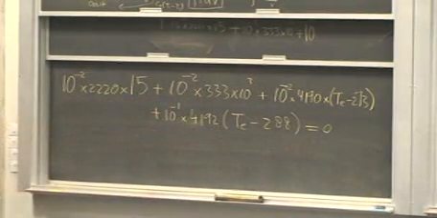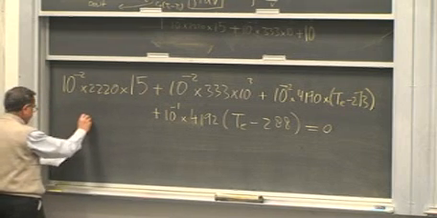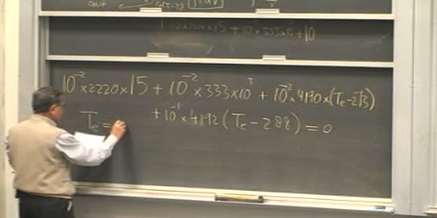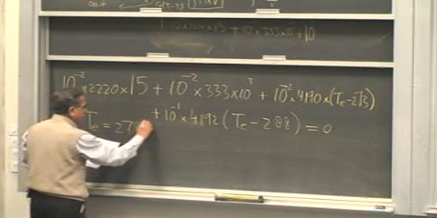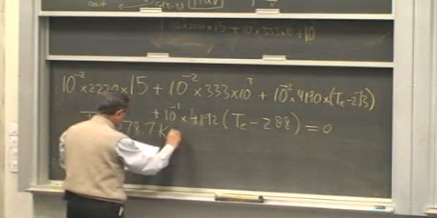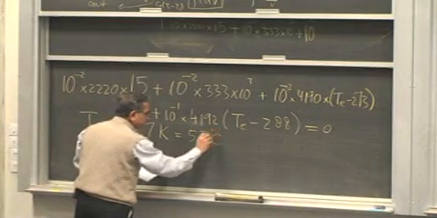You solve this and you will end up saying that TE is equal to 278.7 Kelvin, which is 5.7 centigrade.